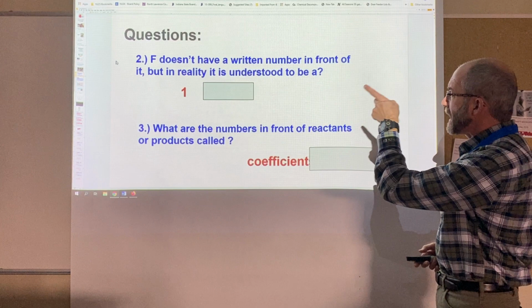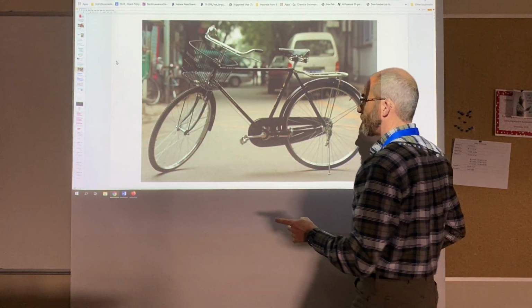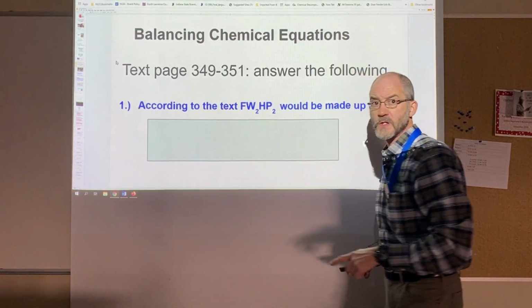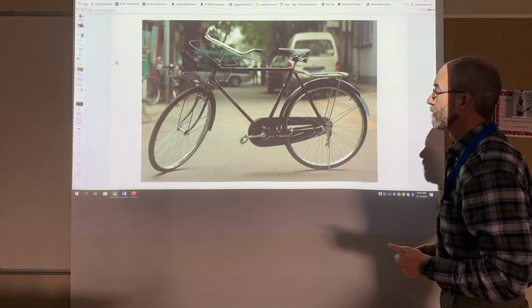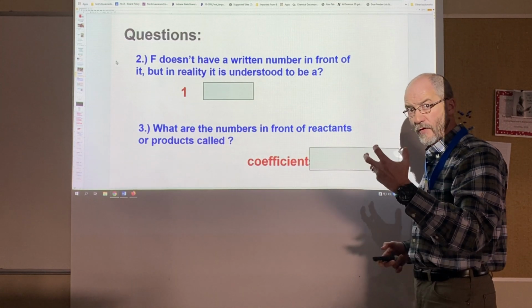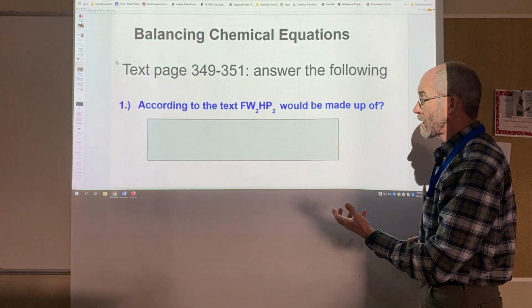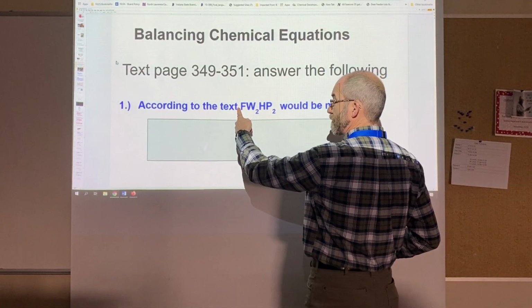Now, if F doesn't have a written number in front of it, then what is that understood to be? Well, it's just understood to be a 1, okay? All right? Now, what are the numbers in front of reactants or products called? And honestly, you didn't have any numbers in front here.